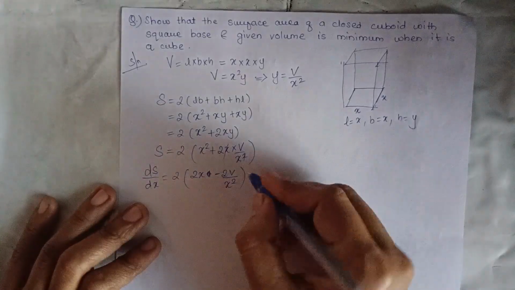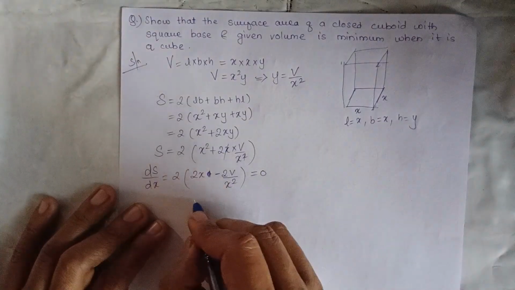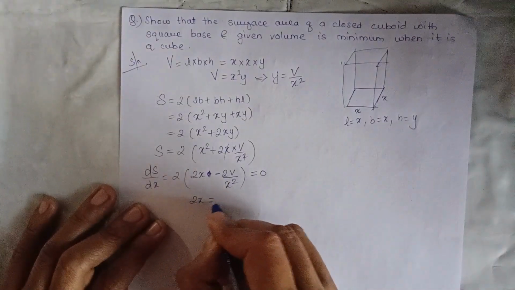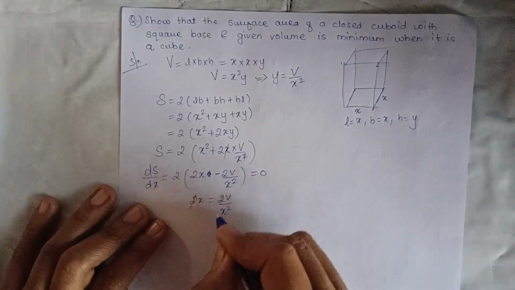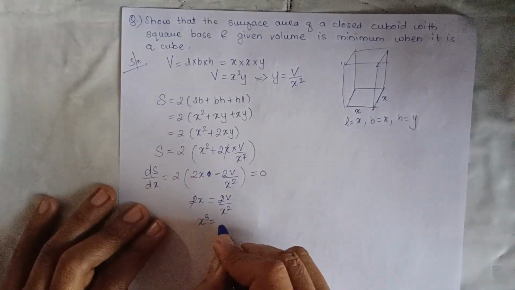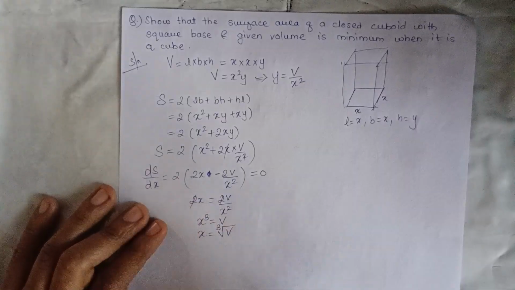Okay, so putting it equal to 0, we'll get the value of x. X cube is v, so x is cube root of v.